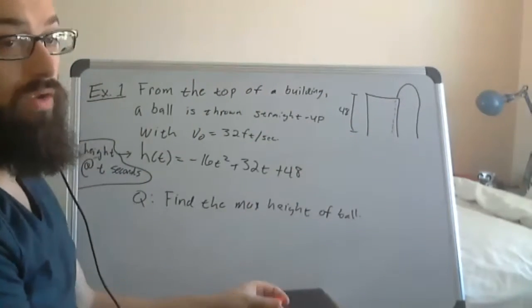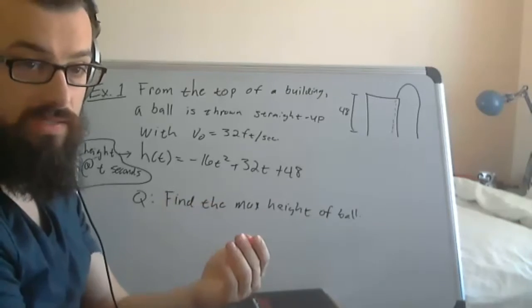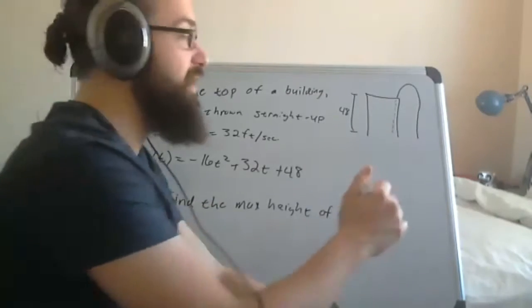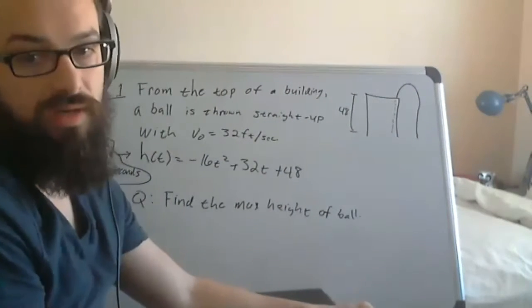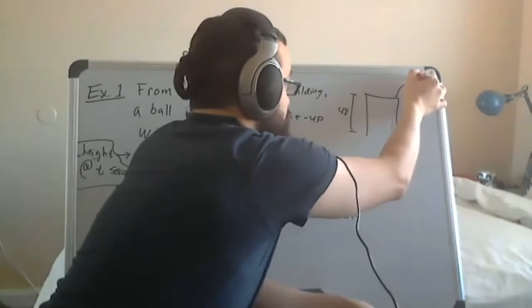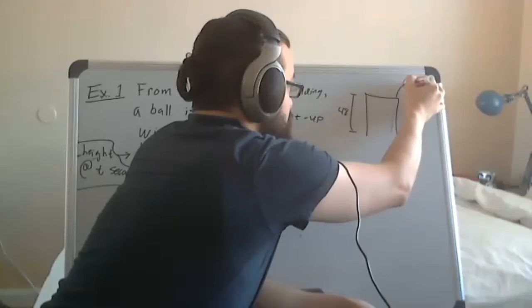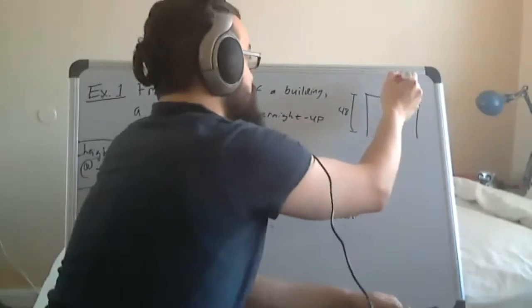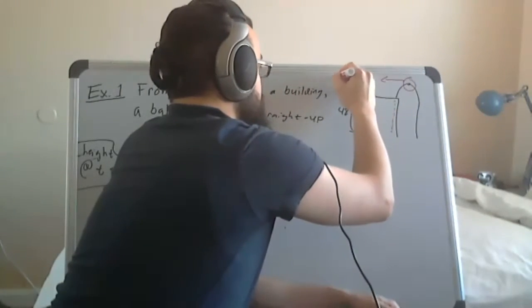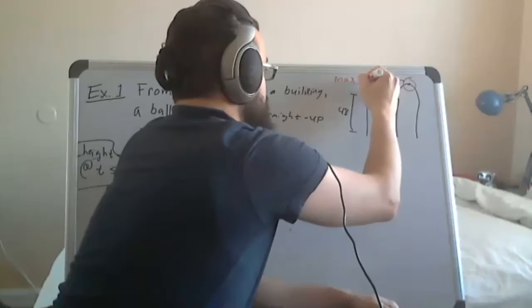Now, it wants to know the maximum height of the ball, and the maximum height is that spot right up here, right before it starts going down. So this is the point of max height.